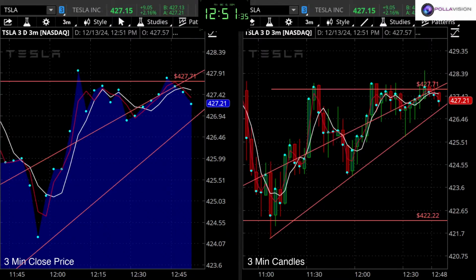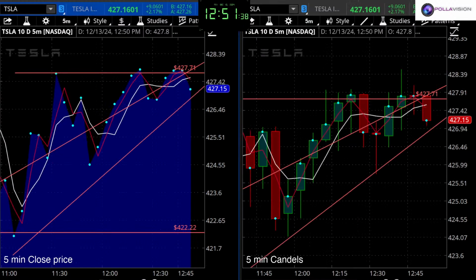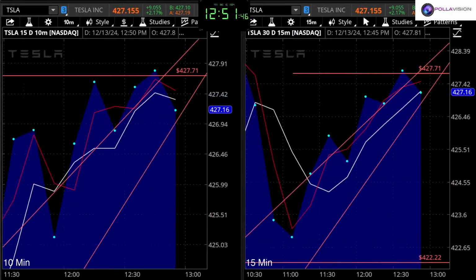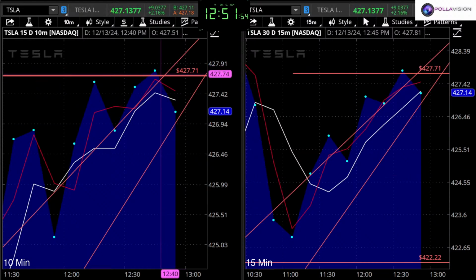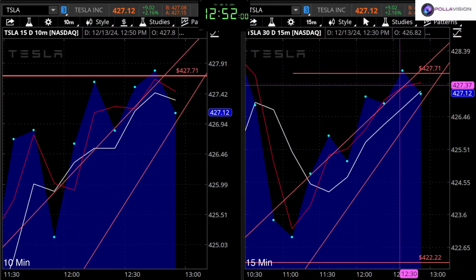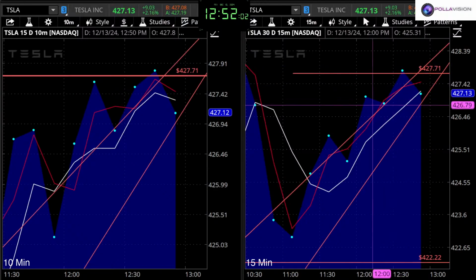3-minute chart, 5-minute chart, 60, 10 and 15. So on the 10 and 15, we do have a higher high, 15 higher high. Is that going to break below there?